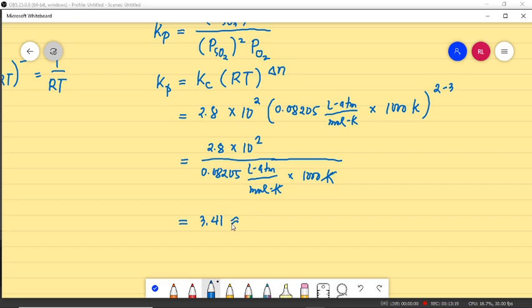So this is 3.4, and our unit is the reciprocal of liter atmosphere per mole, and that is mole per liter atmosphere.